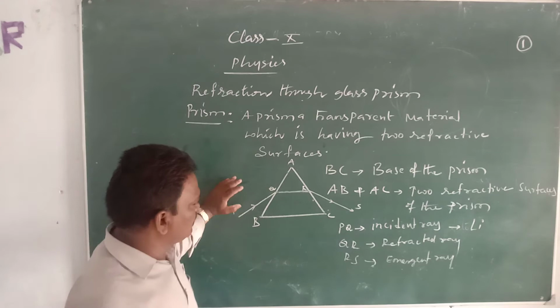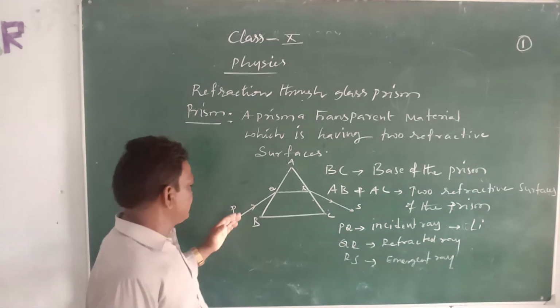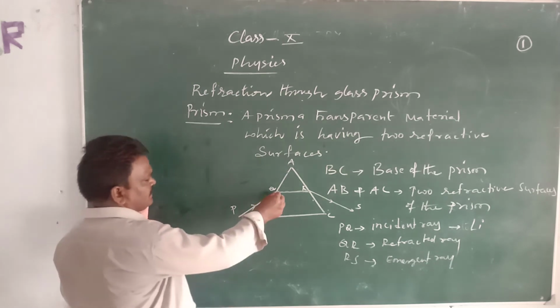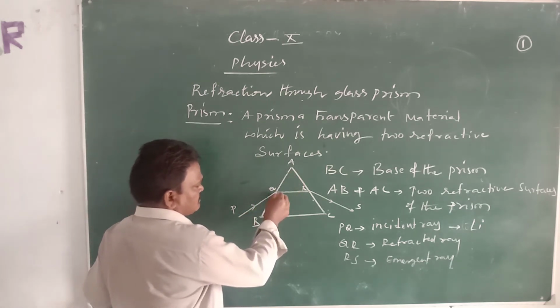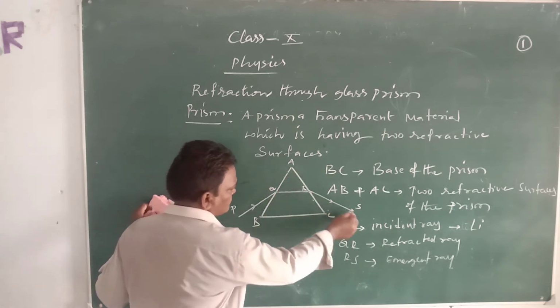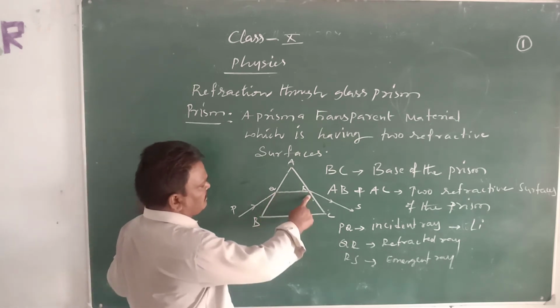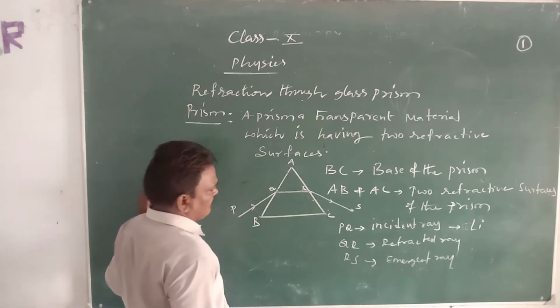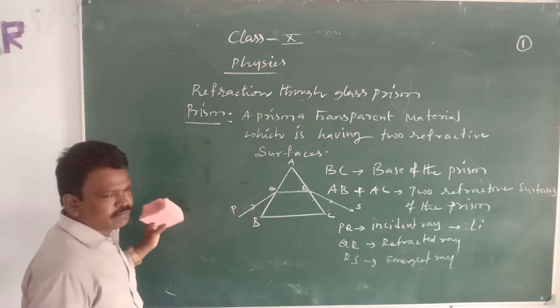For example, PQ is an incident ray on side AB. It refracts to the other side when it comes out, isn't it? So here and here it undergoes refraction twice at the surfaces of the prism.